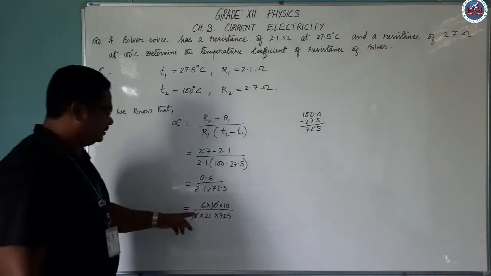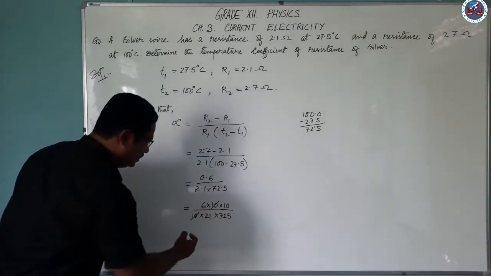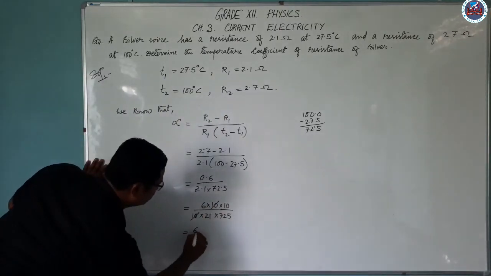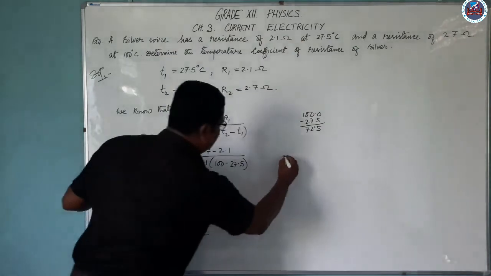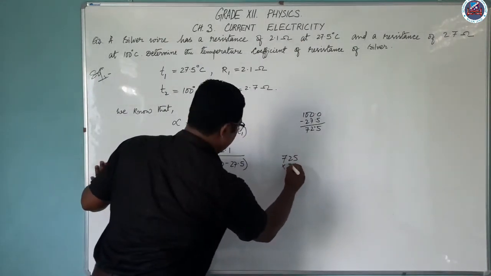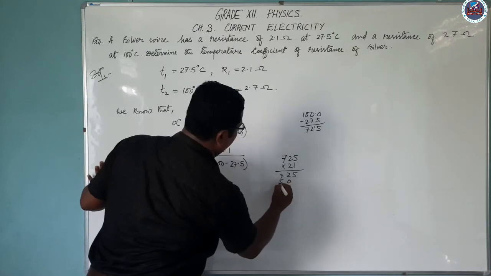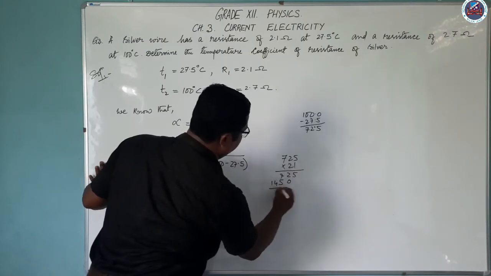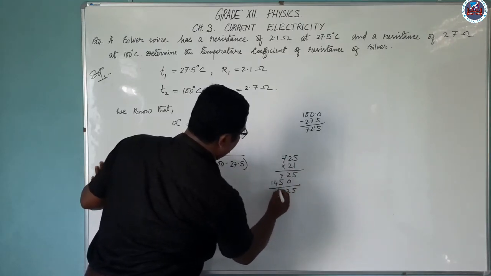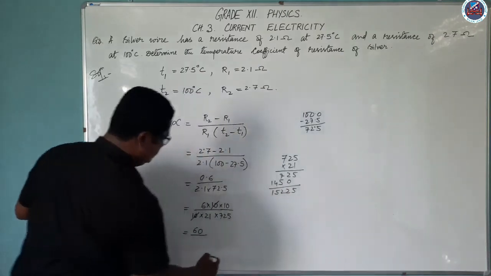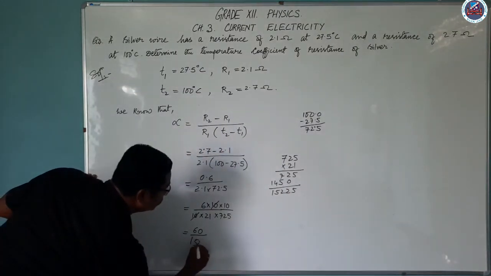So in this case 6 into 10 is 60, divided by 725 into 21. 5 ones are 5, 2 sevens, 7 times 2 is 14, and so on, giving 15225.